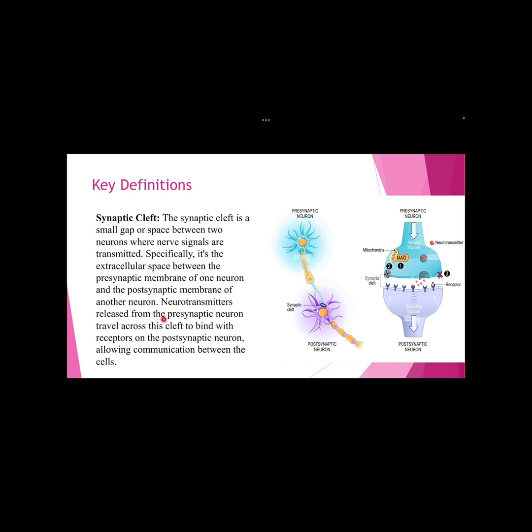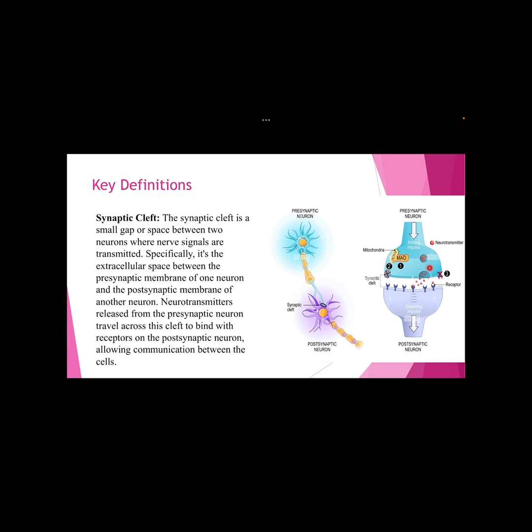Neurotransmitters released from the presynaptic neuron travel across this synaptic cleft to bind with receptors on the postsynaptic neurons, allowing communication between the cells. So we said that the axon terminals will release neurotransmitters. So let's say that this is the neuron.